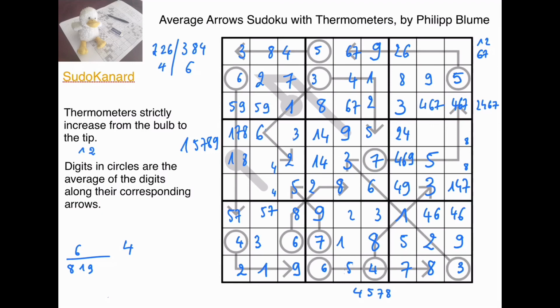We would need those 3 cells to add up to 26. So this is a 4. That's a 6, that's a 4, that's not a 4. 4 here wouldn't work either. We would need those to add up to 26, so that's not a 4.